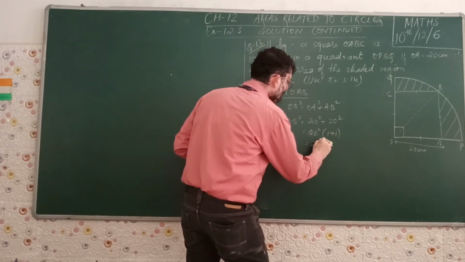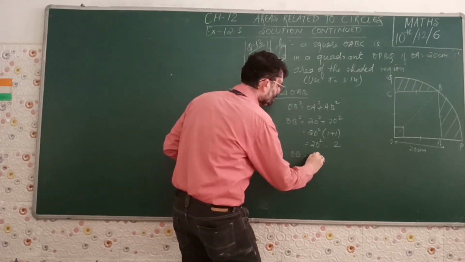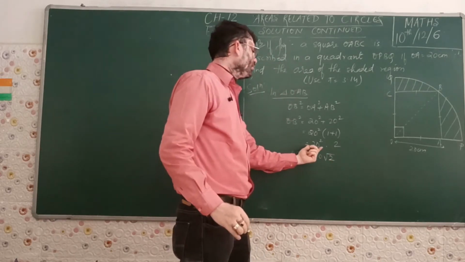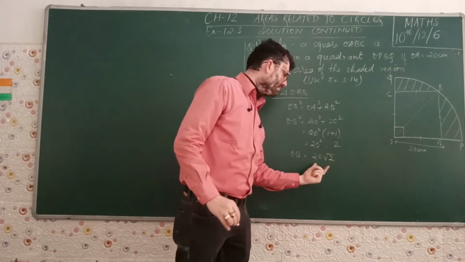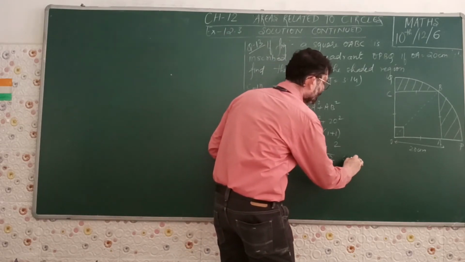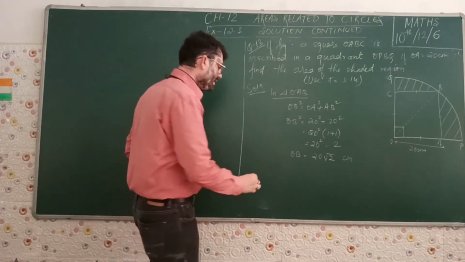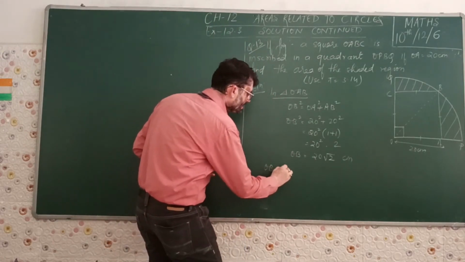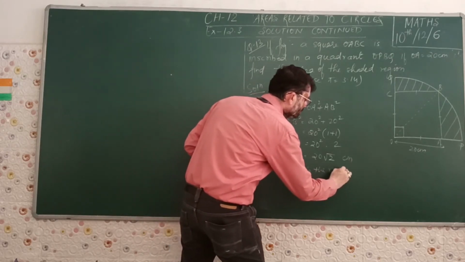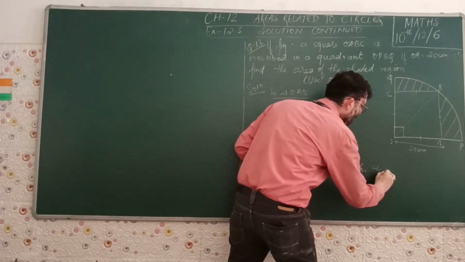So this is 20 square into 2. And if you find OB, this is the square root of 20 square into 2, that will be 20 root 2. So we got OB to be 20 root 2 centimeters. This OB is the radius for the quadrant. So we can mention that OB is equal to 20 root 2, the radius for the quadrant.